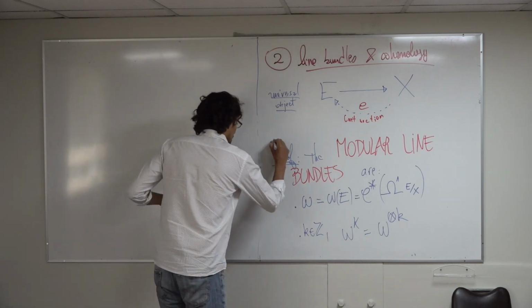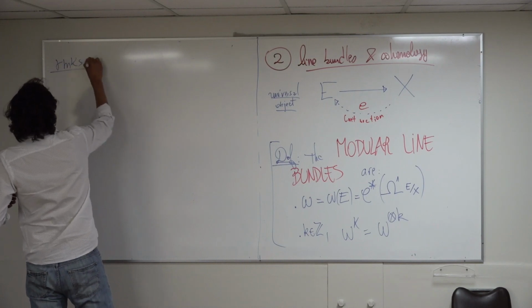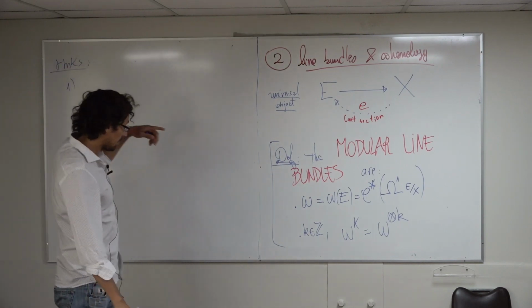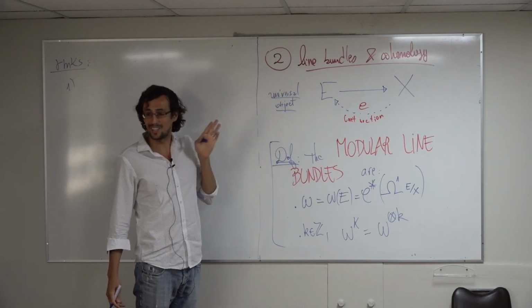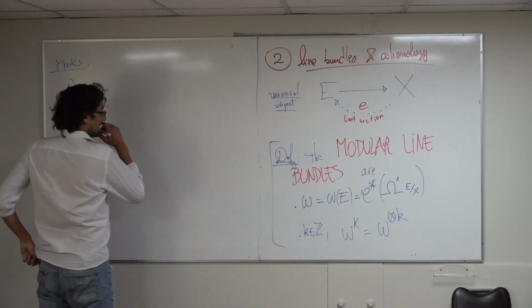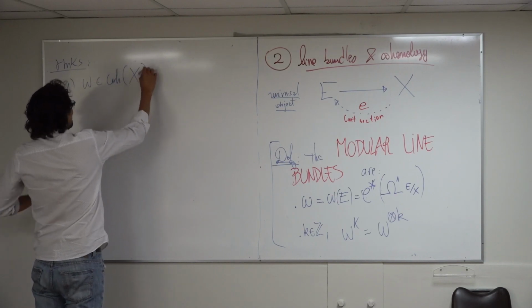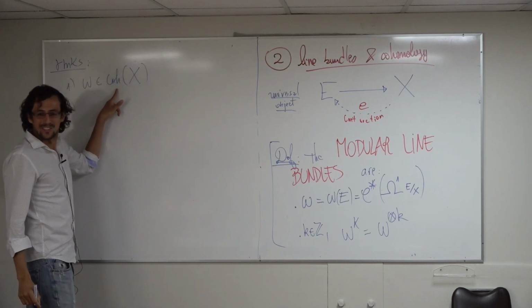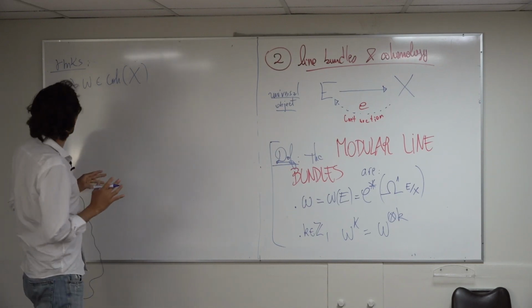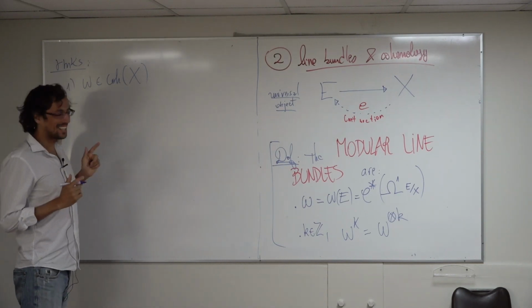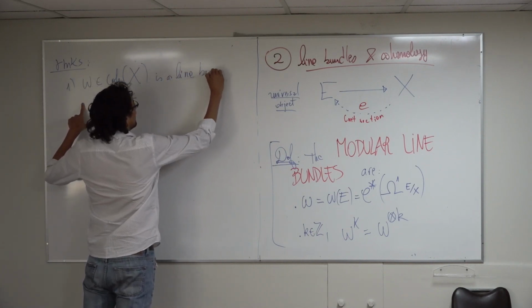So observations. One is that this omega, in fact, is a line bundle. So that makes sense of the title, okay? So that is invertible. So omega is a coherent sheaf on X, now I'm using the notation of Héctor, so that we connect these different talks, okay? And it's in fact a line bundle.